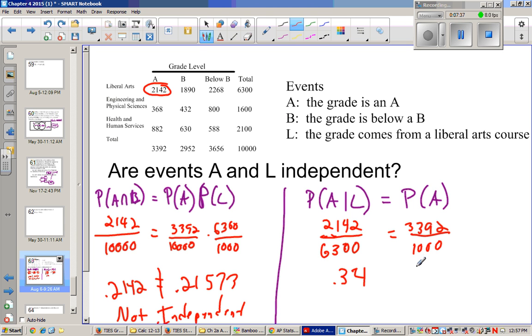And this over here is really, really close. But it is not exactly the right number, but it's pretty close. So they are not independent, but they are very close to being independent. They have to be exactly the same number for independence. So that's that. Hopefully you can do your homework.